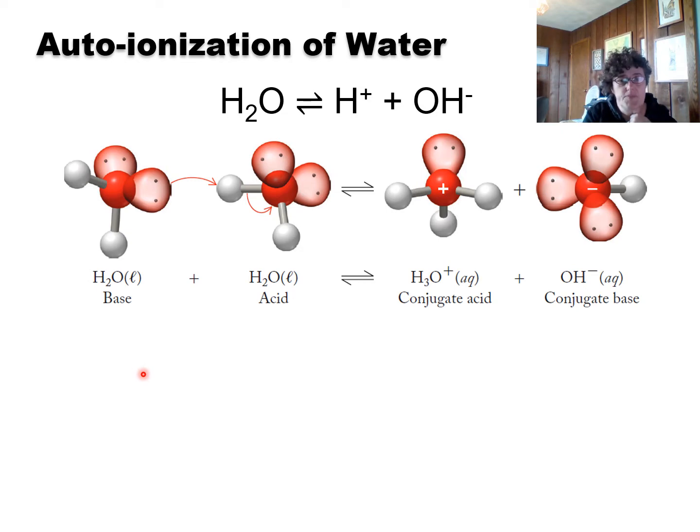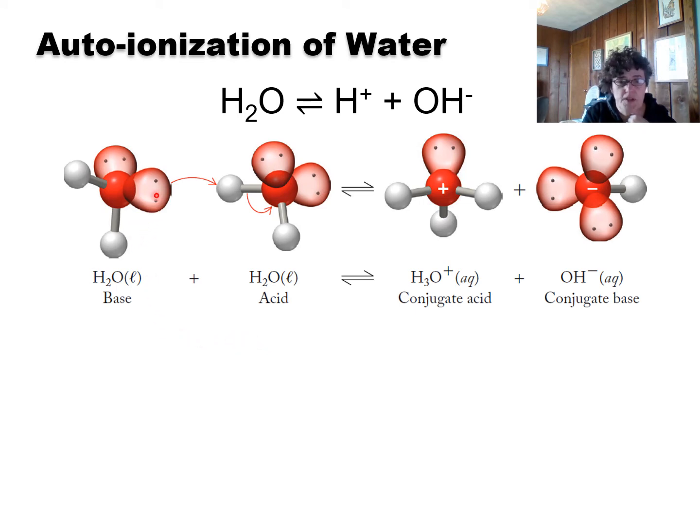You can write it as just one single molecule of water splitting in two, or, to be more rigorous, because this H plus would be such a small atom with a full charge, it doesn't really exist in solution. What happens is an acid-base reaction where one molecule of water acts as a base and the other molecule of water acts as an acid.